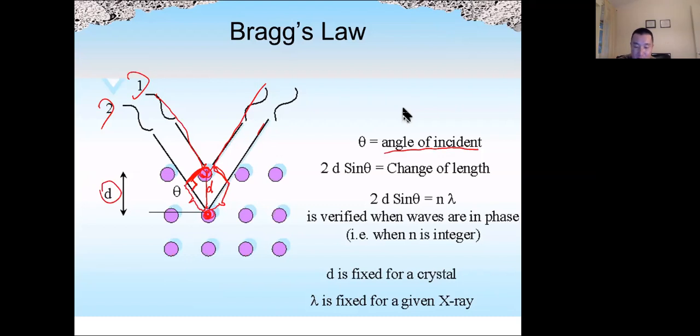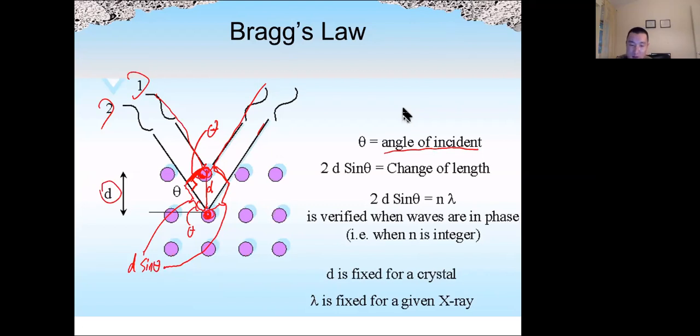Because theta is here, this angle is also theta. Based on that, this side will equal d sine theta, right? And this side is also equal to d sine theta.